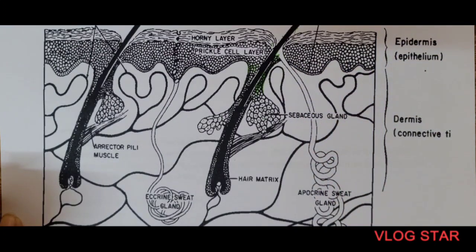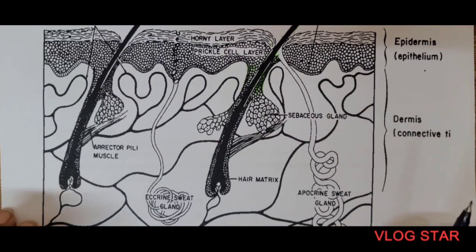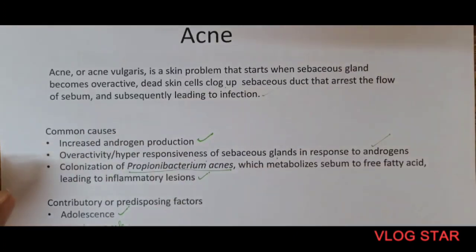One, the sebaceous gland becomes hyperactivated, producing more sebum, and the sebaceous duct gets blocked. So what happens? The sebum will not flow out. It gets clogged inside and gets infected and leads to acne, right? This is the cause for acne.